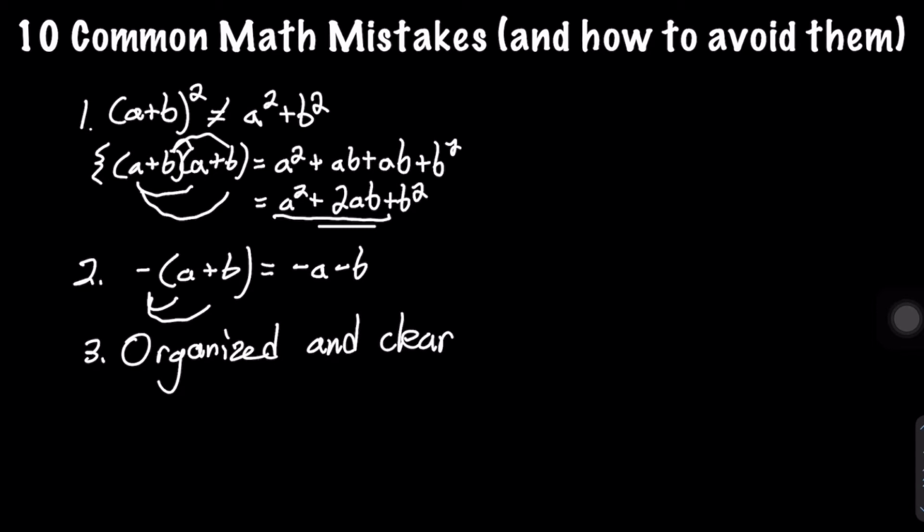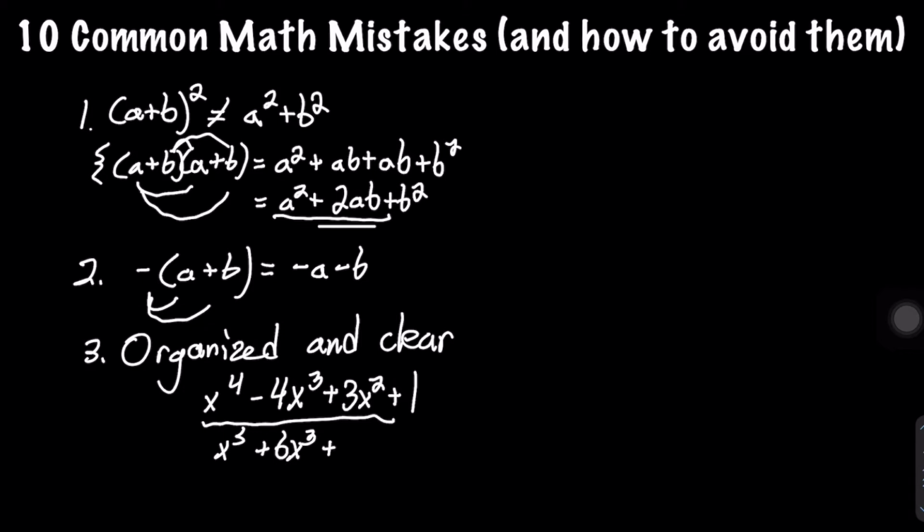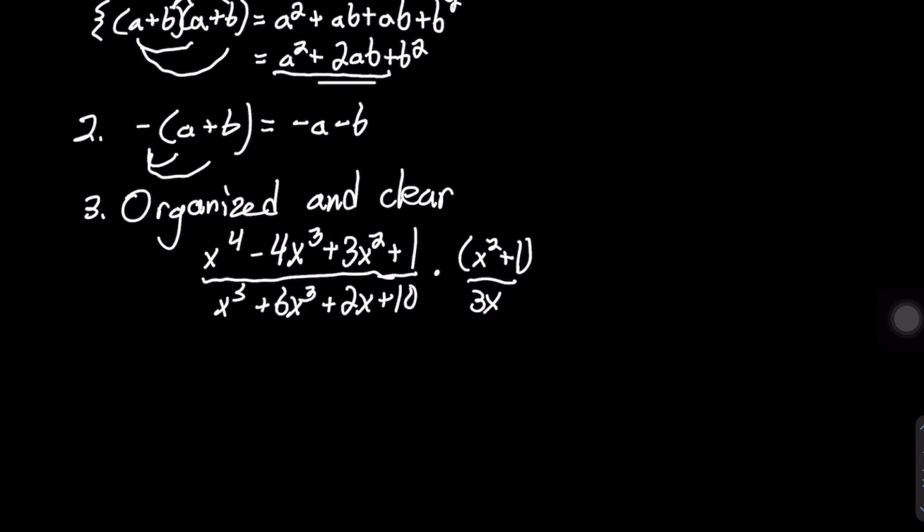What I mean by this is that if you have, say, an expression with a ton of terms, like x to the fourth minus 4x cubed plus 3x squared plus 1 over x to the fifth plus 6x cubed plus 2x plus 10 or something like that, and you are multiplying it by x squared plus 1 over 3x, or you just have any sort of complex equation like that, you want to keep your work organized and clear.